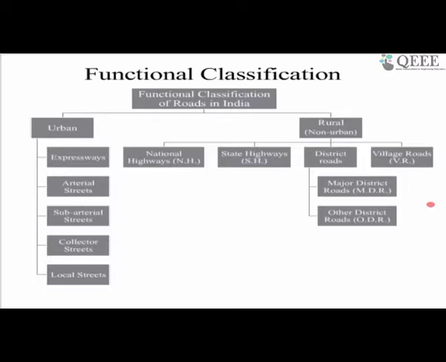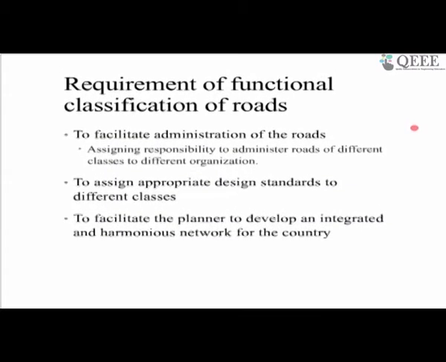And as I told you, the first classification of the rural road came in the Nagpur 20-year plan road congress, and the latest one which we are using came from the Lucknow road congress, or the 1981 20-year plan. And why do we need the classification?